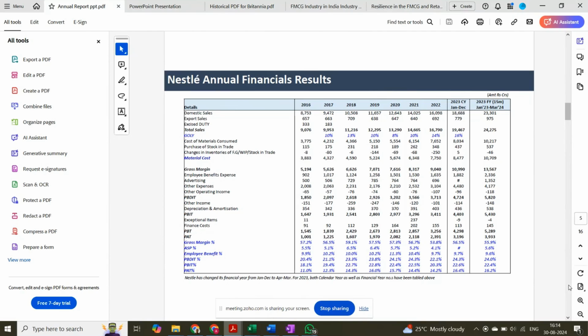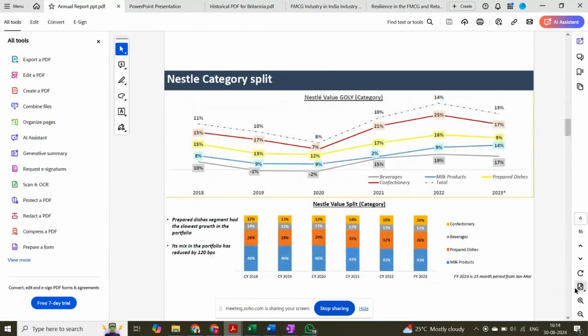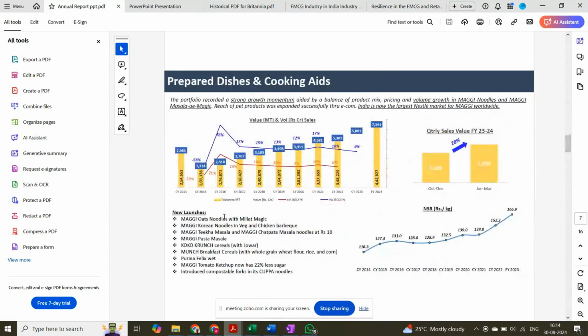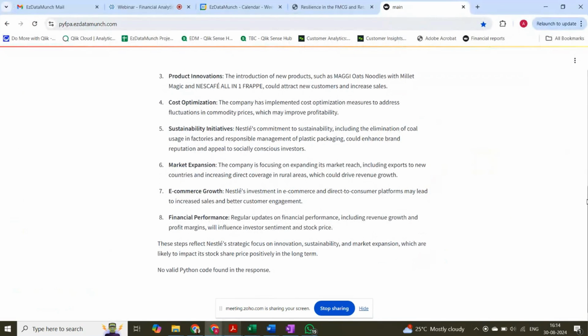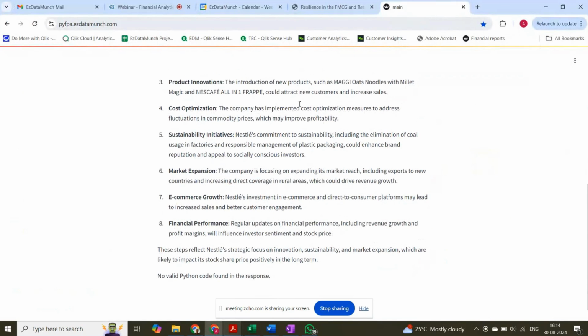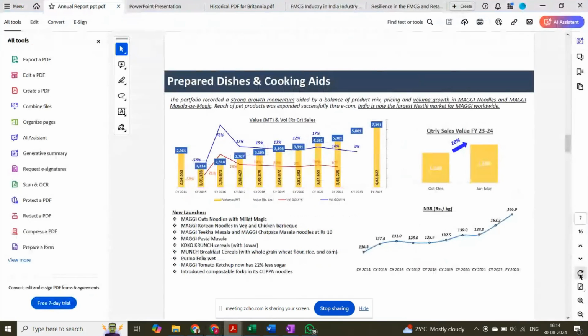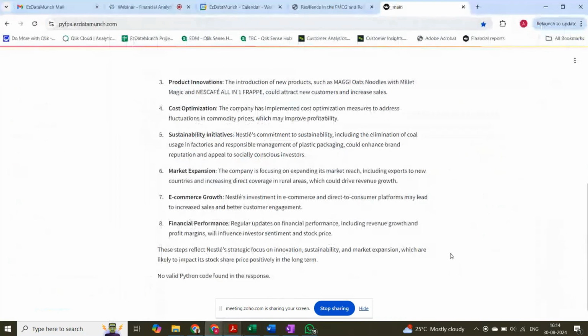So it has picked up all this information from all over here, right? It says new launches. So it's picked that new launches up, which you saw. It shows the introduction of new products. Then it looked at market sustainability initiatives.